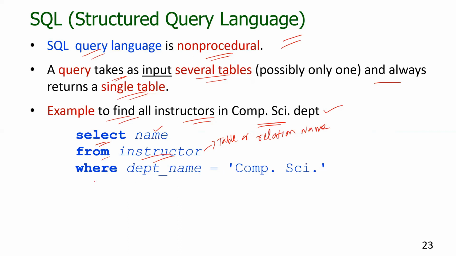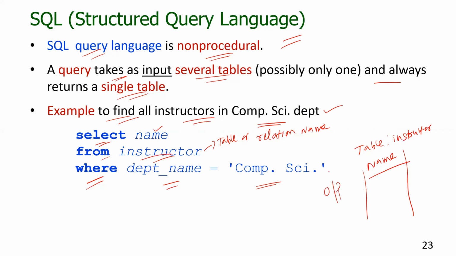Then the condition you can use under the where clause: where department name equals computer science. Here the table is instructor, and here we are selecting the attribute name you want. So this is the output you will get: the names whose department is computer science.